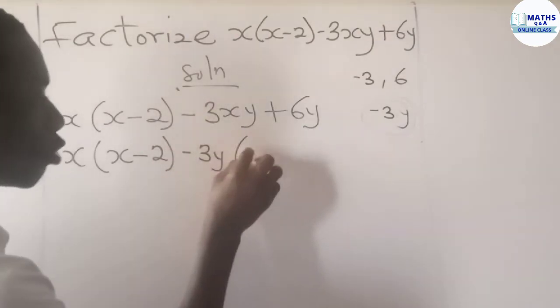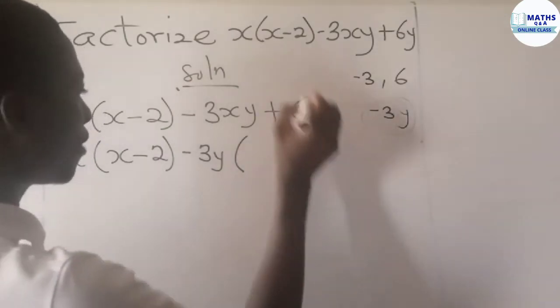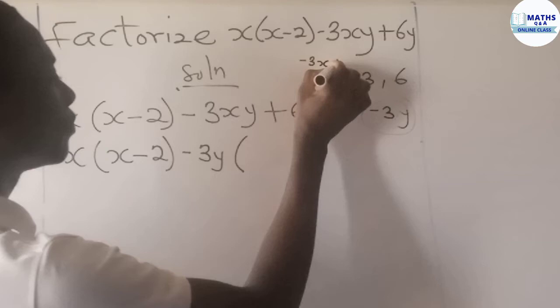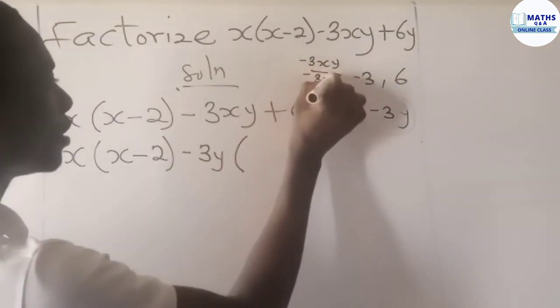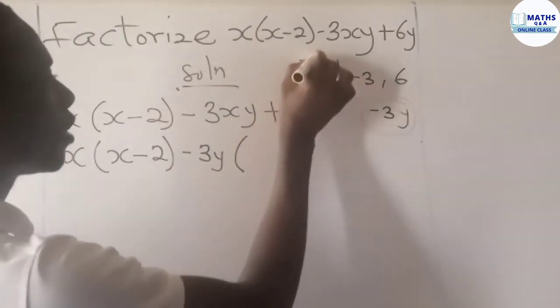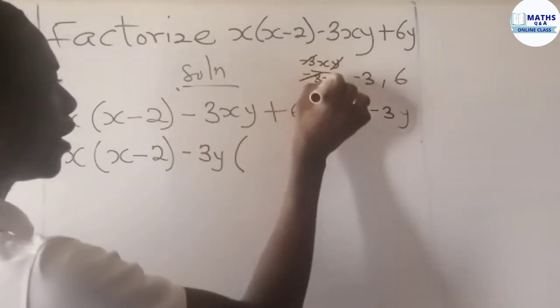The result is what you write in this bracket. So let's do that. We have negative 3xy and we are dividing it by negative 3y, which is the factor of these two expressions. Negative 3 divided by negative 3, y divides y.